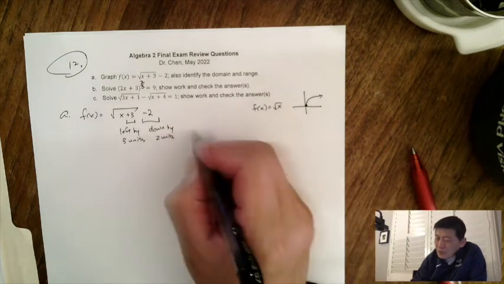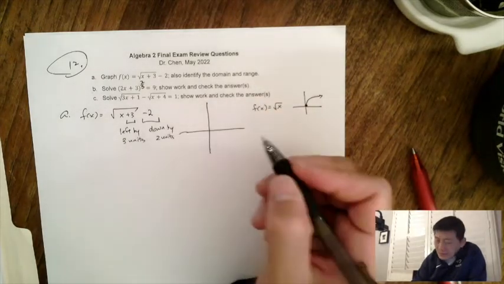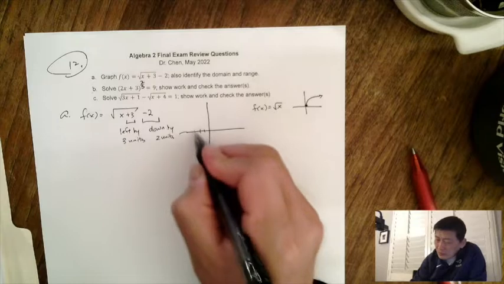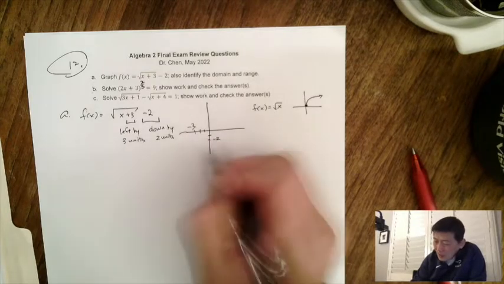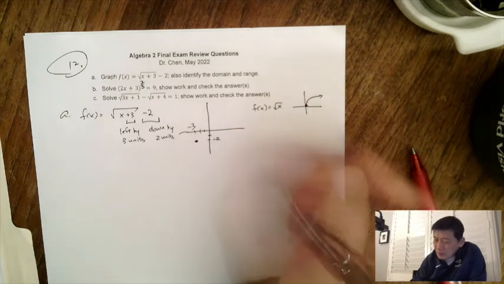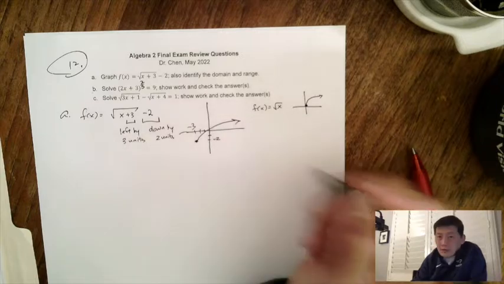So that means your graph is going to move 1, 2, 3, negative 3 this way, and then 1, 2, negative 2 down this way, and that becomes your starting point. And if that's the starting point, then your graph looks like this.